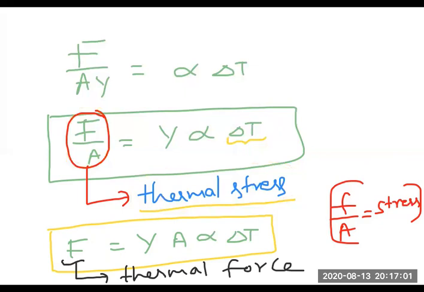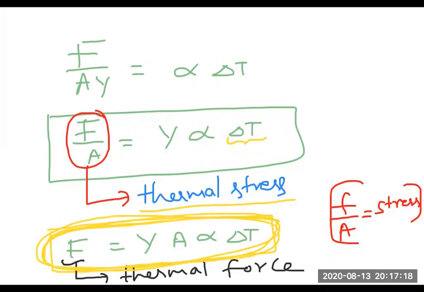Fine. So now F by A is equal to Y alpha delta T. Suppose I take A to the other side, then I will get the formula F is equal to YA alpha delta T. So F is equal to YA alpha delta T means this thermal force is equal to Young's modulus into area of cross section, alpha is the coefficient of linear expansion, and delta T is the temperature difference.